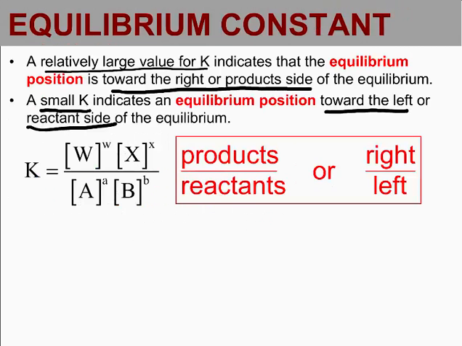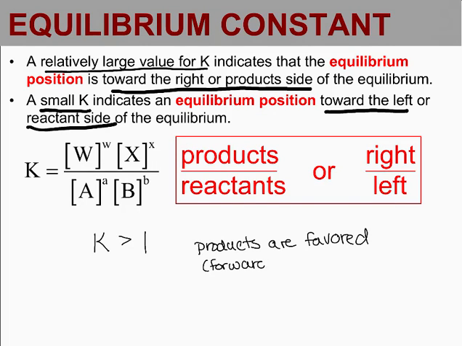So let's actually write down: if K is greater than 1, so K is really large, then products are favored, or you could also say the forward reaction is favored.